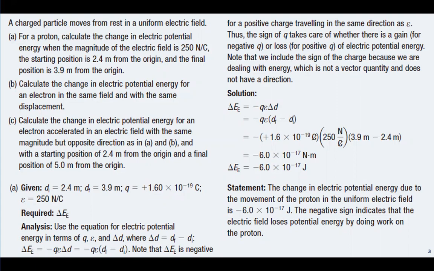Note that delta EE is negative for a positive charge traveling in the same direction as epsilon. Thus, the sign of Q takes care of whether there's a gain for negative Q or a loss for positive Q of electric potential energy. Note that we can include the sign of the charge because we are dealing with energy, which is not a vector quantity and does not have a direction.